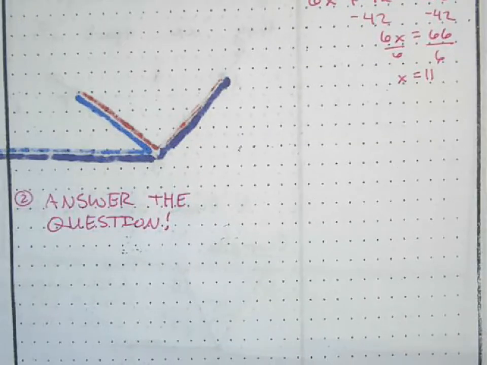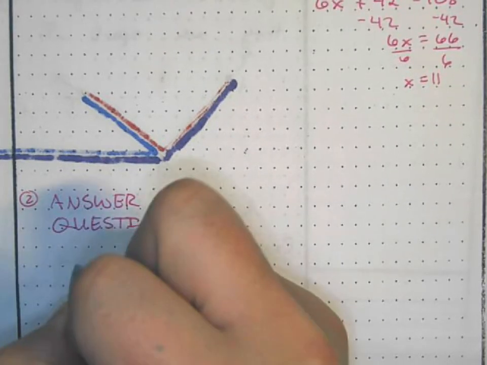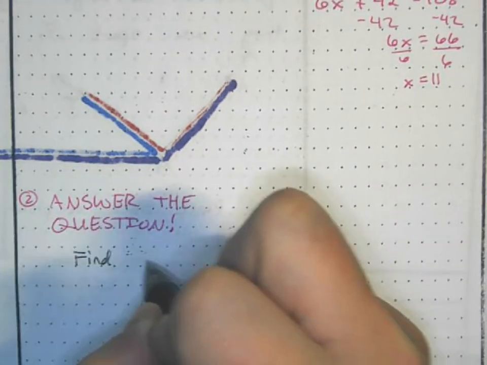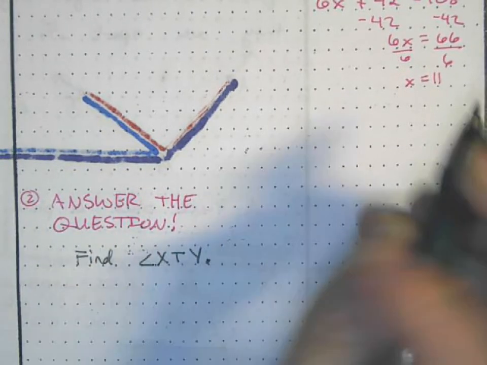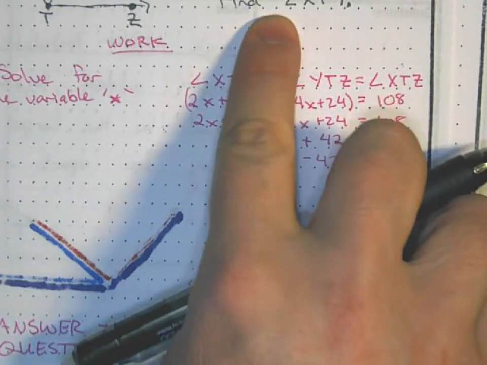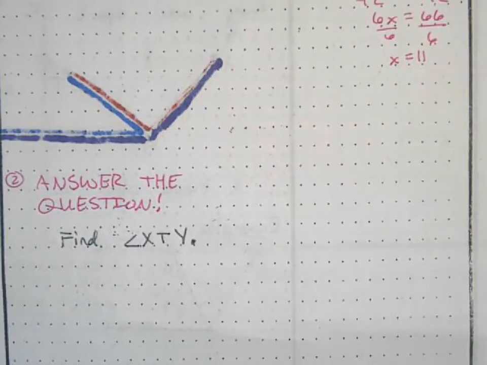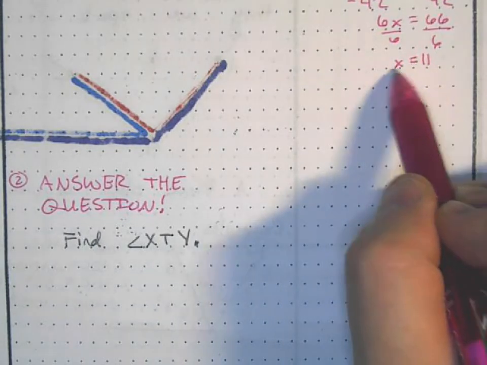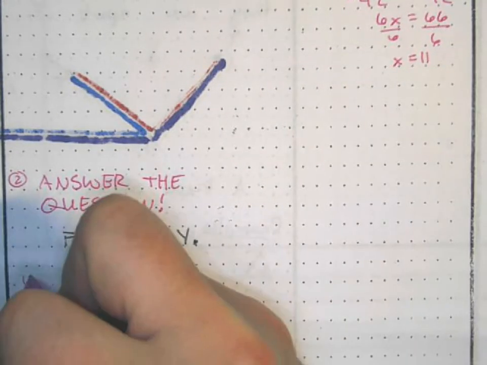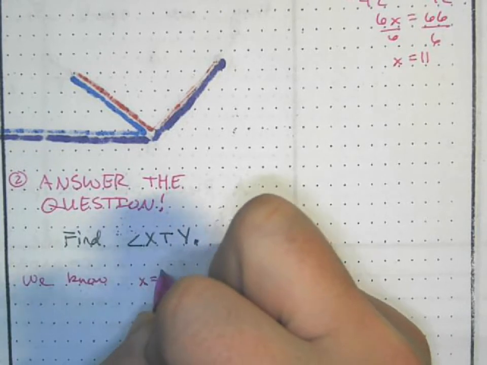So the question says, find angle XTY from right here. That's what we were told to do. Find angle XTY. When we figured out x equals 11, the variable x equals 11.